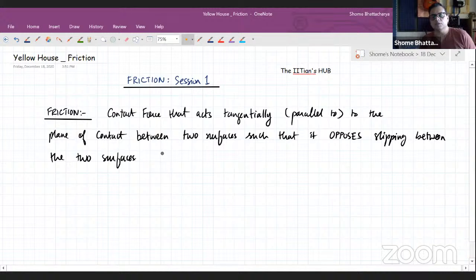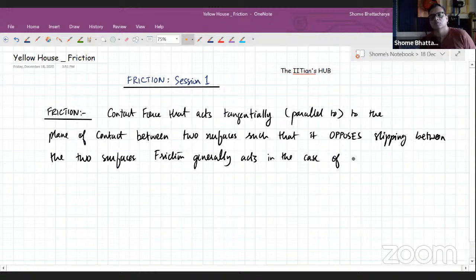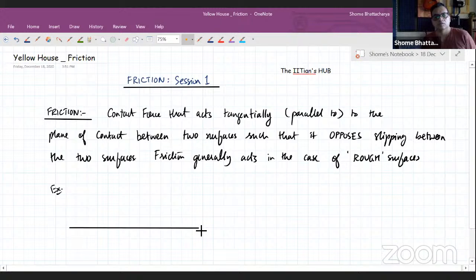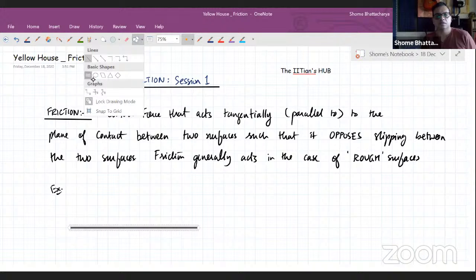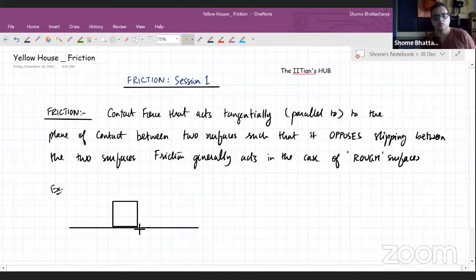So friction generally comes into play when the surfaces are rough. Generally speaking, friction acts in the case of rough surfaces as opposed to smooth surfaces or polished surfaces. So for example, if we have a situation like this where we have a rough surface like a rough concrete surface, which is not smoothened or polished at the top.